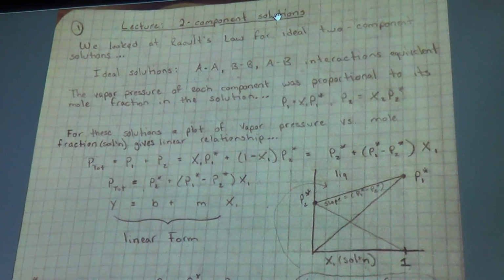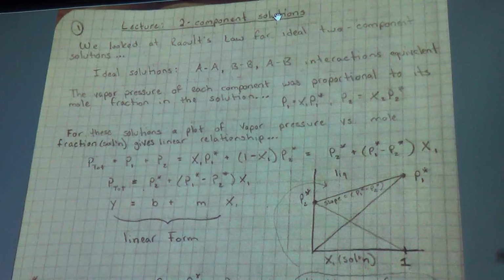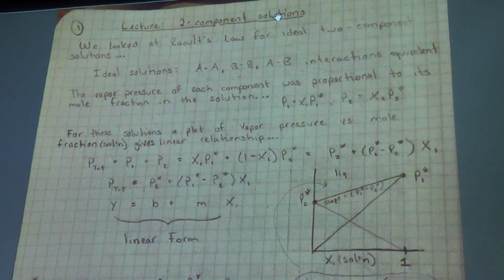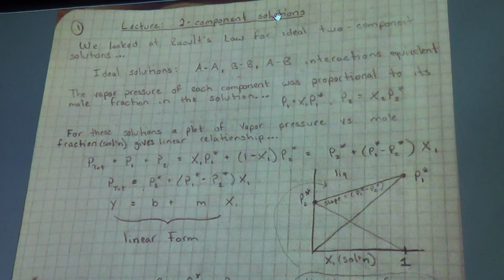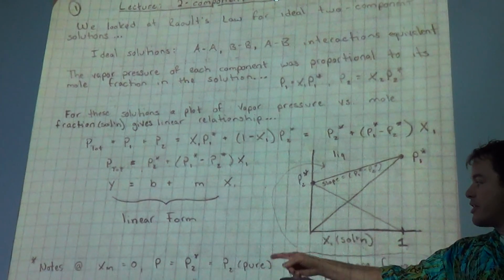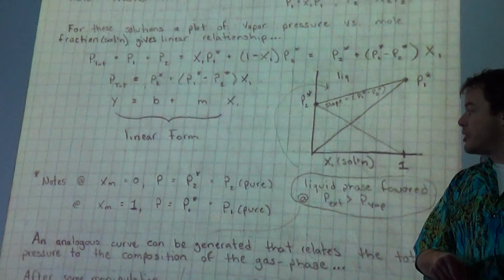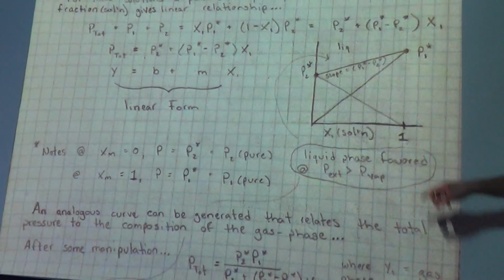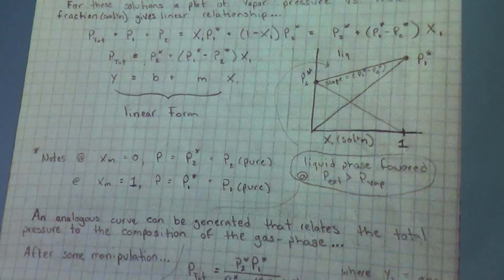P2 is the less volatile component, and when it's the only component in the solution, the pressure is lower. So we have that linear relationship between the pressure and the mole fraction. And just some notes: when the mole fraction of component 1 is 0, the total pressure is P2 pure. When the mole fraction equals 1, the total pressure is P1 pure. What else did I want to say about that?